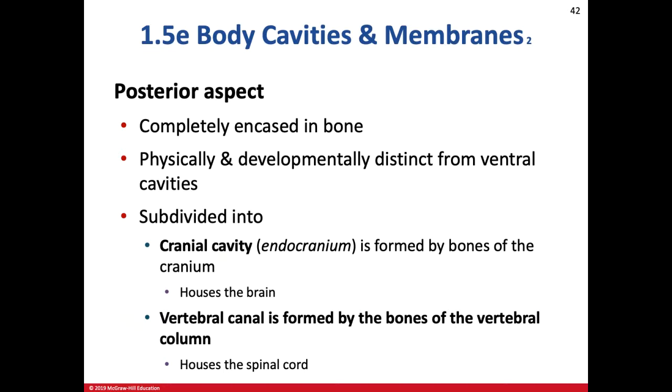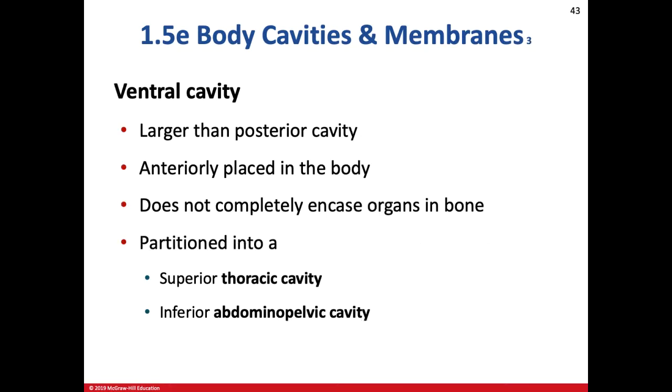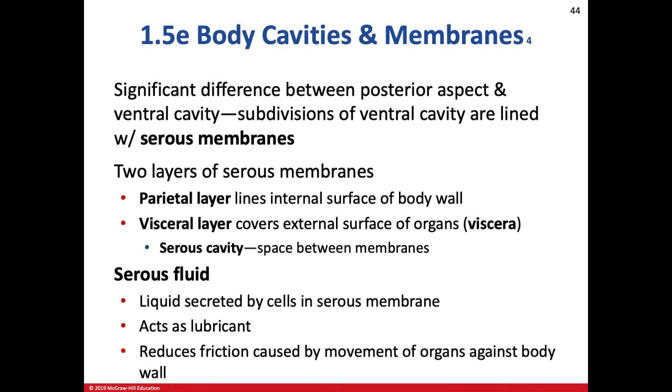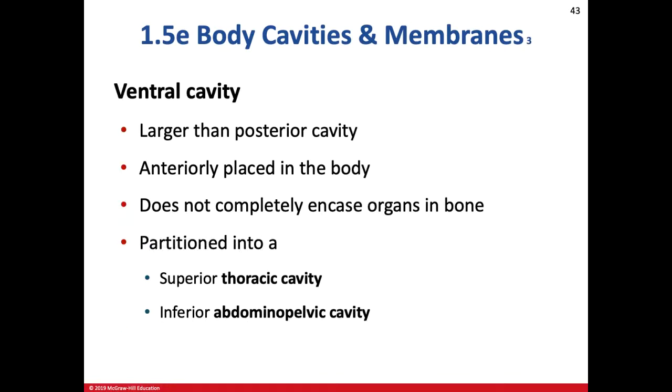The cavities that aren't open to the outside world include the cranial cavity, the vertebral canal, and the ventral cavity, which includes the thoracic and abdominopelvic cavities. And in the thoracic and abdominopelvic cavities, we have subdivisions. In the thoracic cavity, we have two pleural cavities where the lungs are housed, and a pericardial cavity where the heart is located.